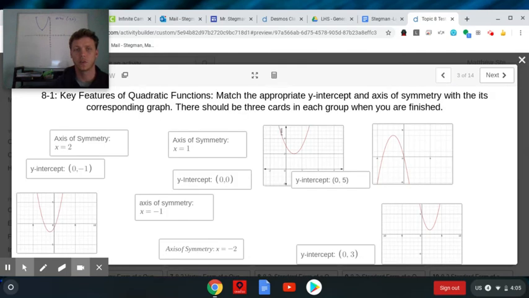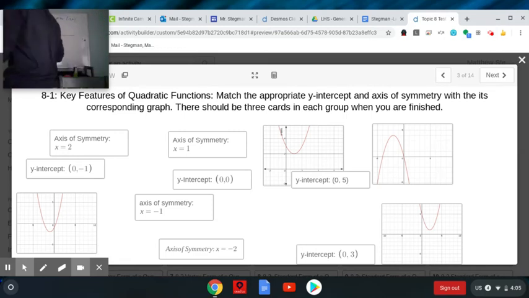Now this one, we're talking about the y-intercept and the axis of symmetry. The y-intercept is the point where the graph crosses the y-axis. This right here is my y-axis. The key thing to remember with the y-intercept is that the x value is always 0.